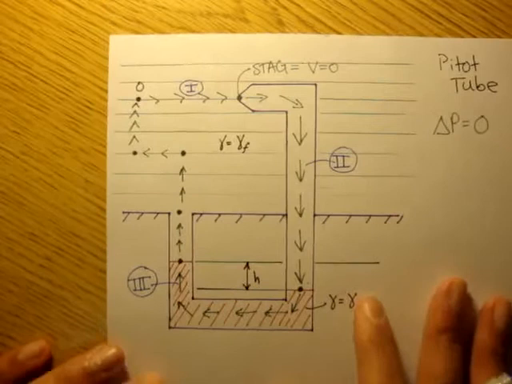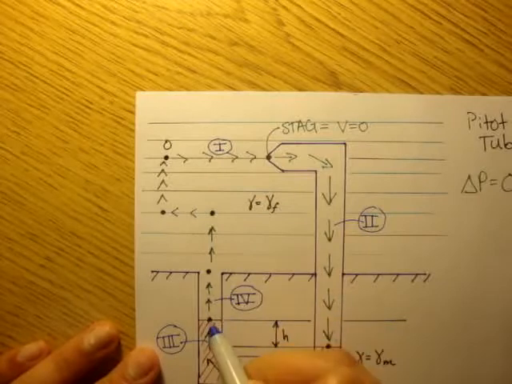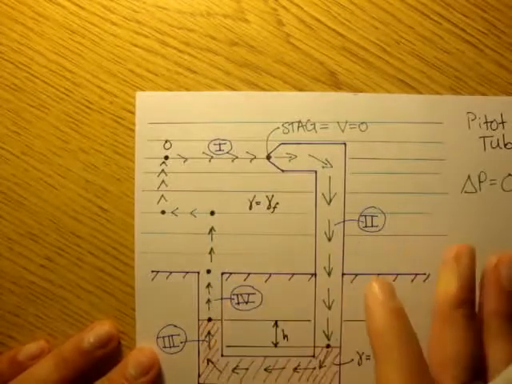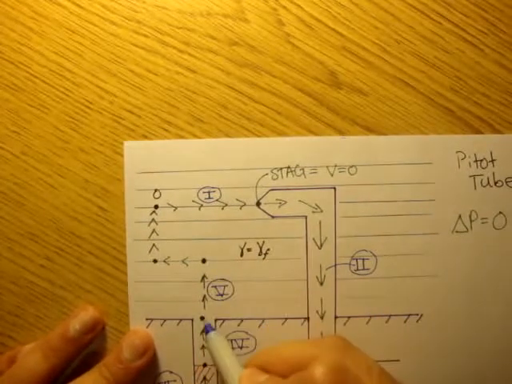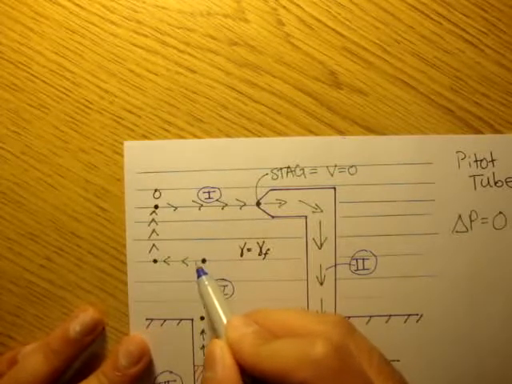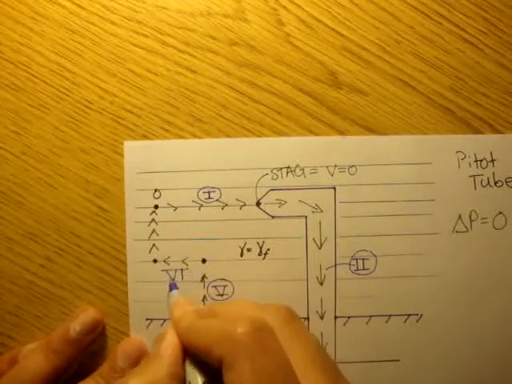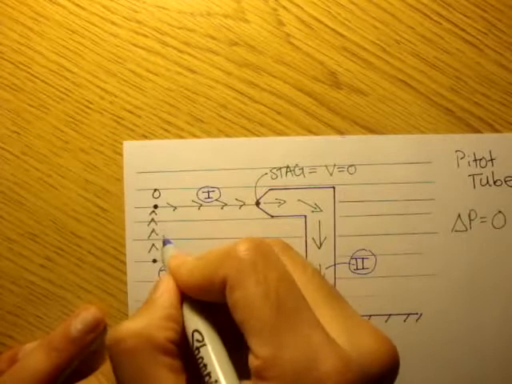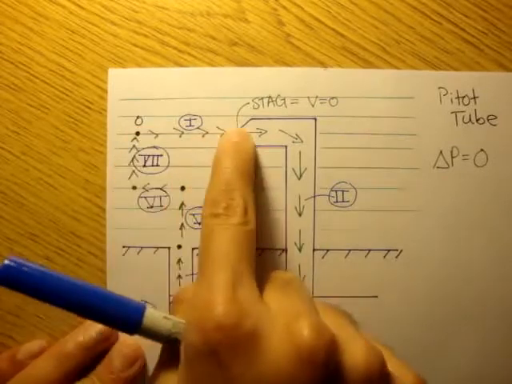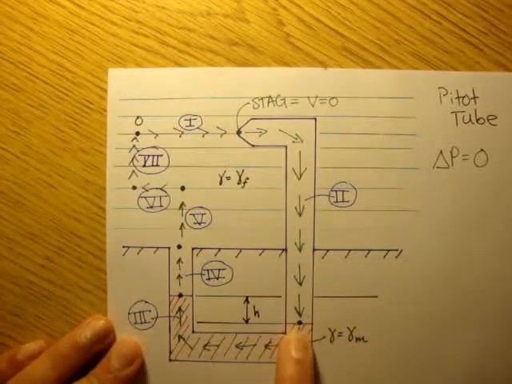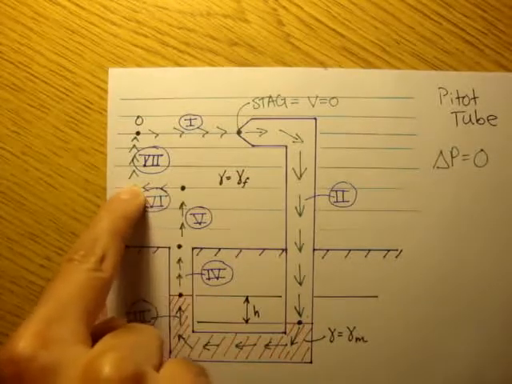We'll call this path 4, from the mercury here to the ground level here. This is path 5, from the ground to some point here where we started to change directions. And this short path right here we'll call path 6. And then back up here we'll call path 7. So we have path 1 through path 7.